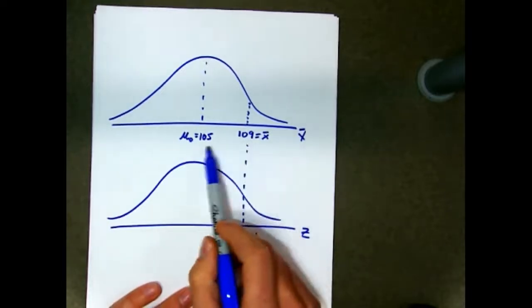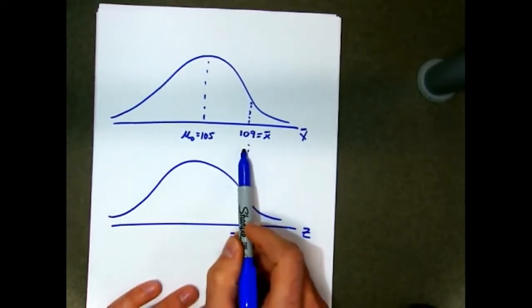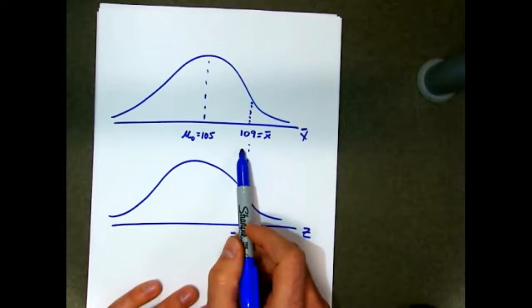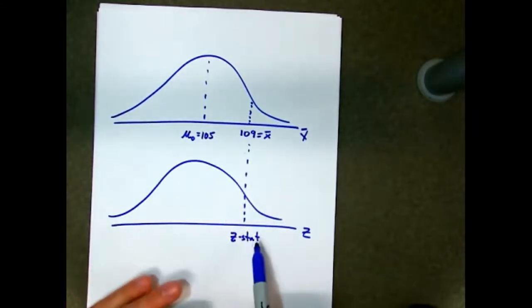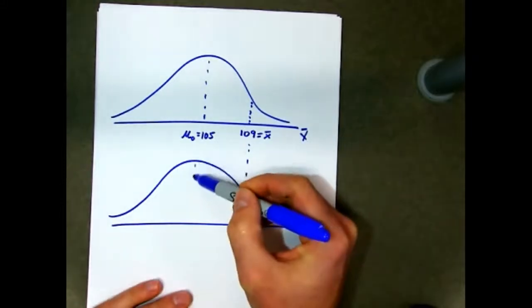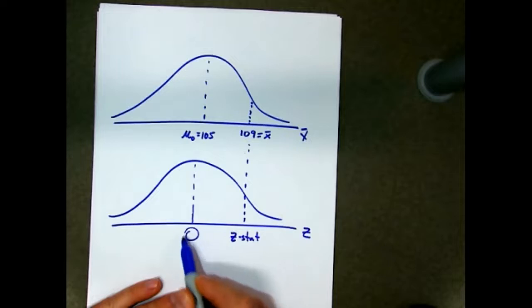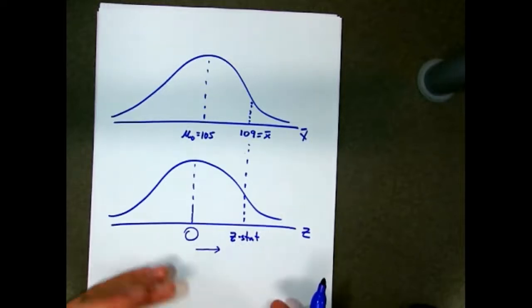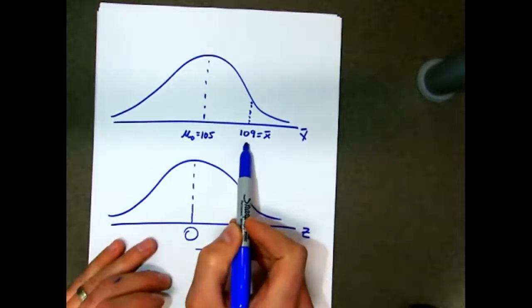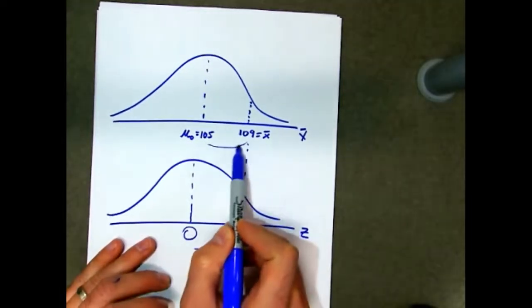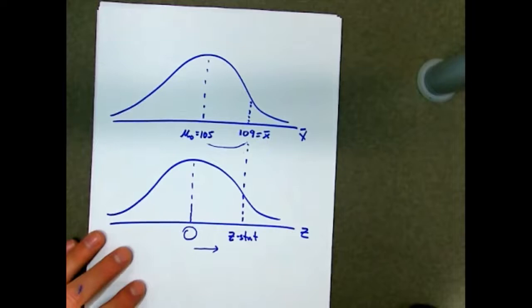Well, if I see sample evidence above that, my test statistic is going to be what sign? Well, my test statistic will be on the right, but the sign, right? My standard normal distribution is centered around 0. So my test statistic should be positive. I'm seeing a value that is a certain number of standard deviations above that assumed true mean.